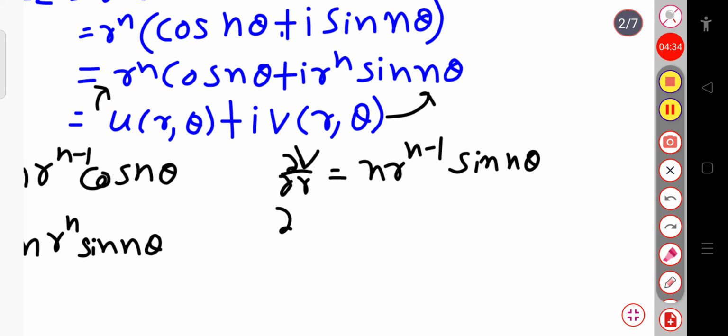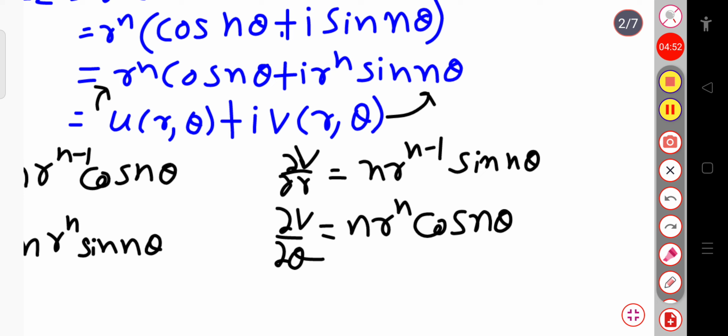For dou v by dou theta, the derivative of sin n theta is cosine n theta into n. So this will be n into r power n into cosine n theta. The derivative of sin theta is positive cos theta and the derivative of cos theta is negative sin theta. That is why we get this.